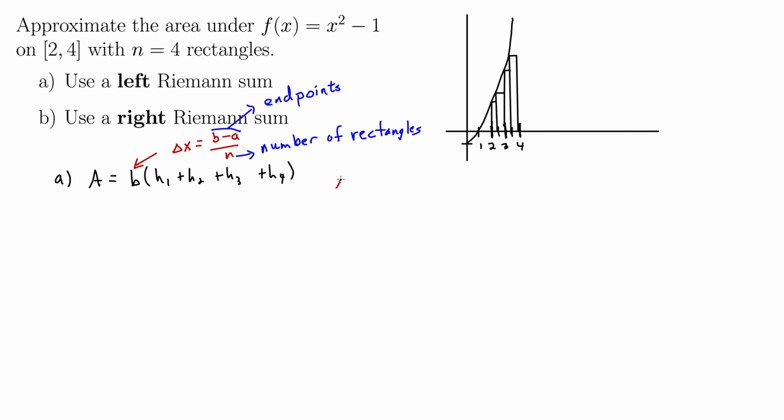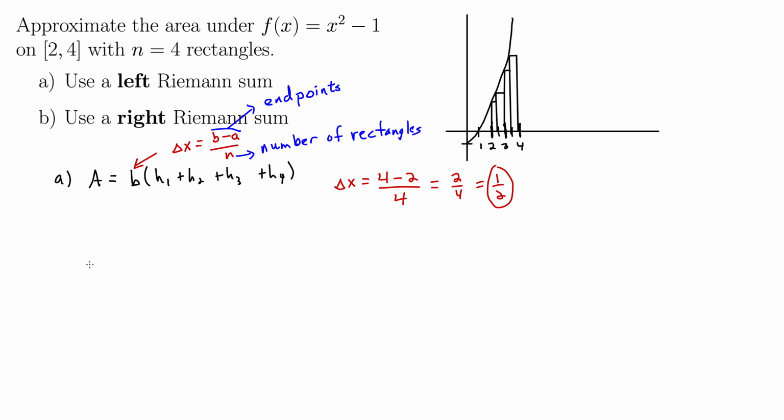So in our case, delta x is 4 minus 2, those are our two endpoints, all over n, 4 rectangles. Well, that's 2/4, which is indeed 1/2, which is what we see, right? We're going from 2 to 2.5 to 3 to 3.5 to 4. So 1/2 indeed is our delta x, or our base.